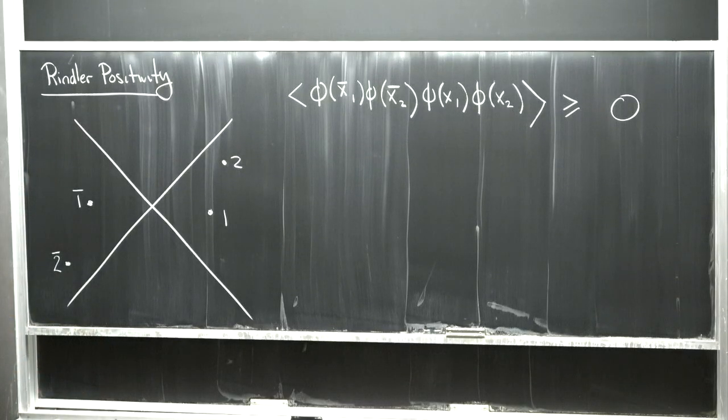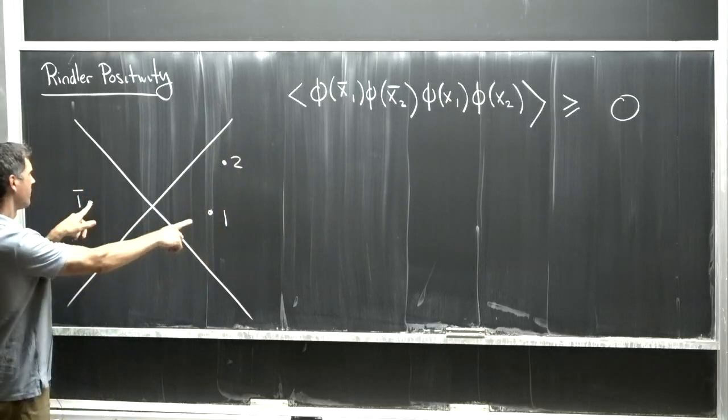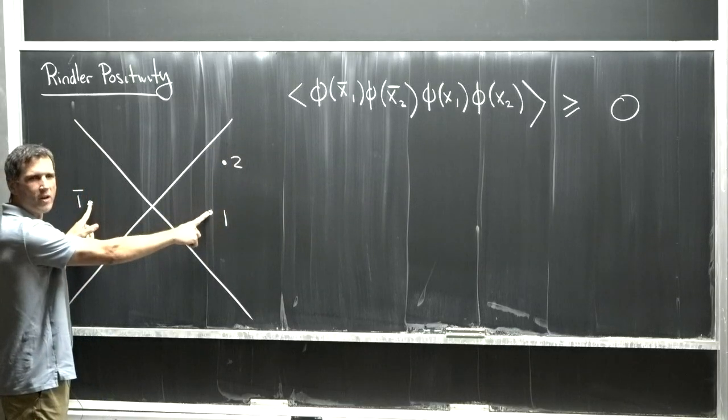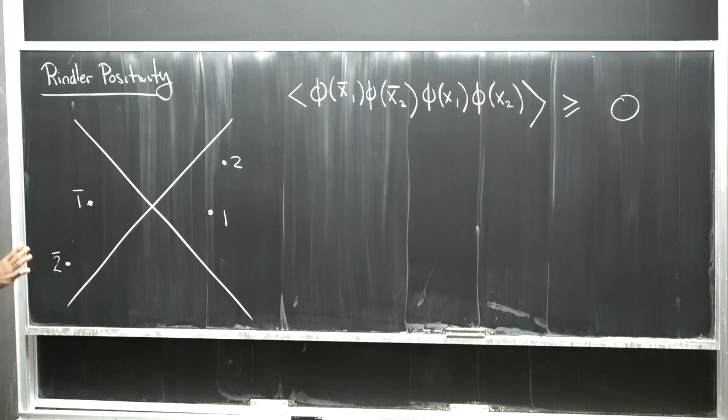let me start with the case where we just have the two operators inserted. So we have one on each side. Now, this is positive by reflection positivity, but it's not quite the same reflection positivity we discussed last time, because that was reflection in Euclidean time.